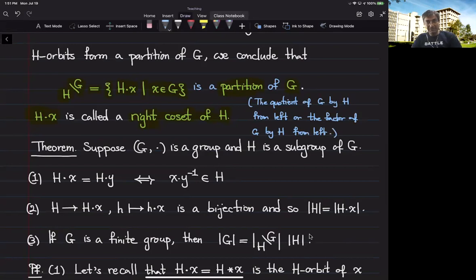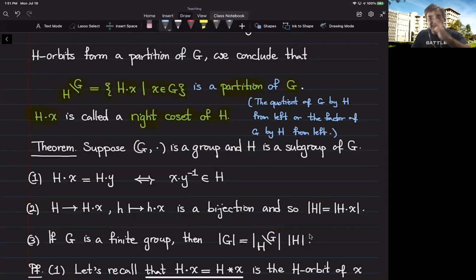Right H cosets. So these right and left, please don't get confused. This left refers to from where I am acting on the group G. This right refers to how I am shifting the subgroup H. So I'm talking about right cosets of H. So coset is like the same set, but from right I'm shifting it.